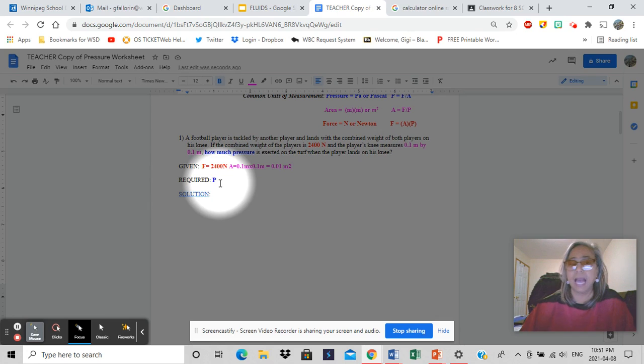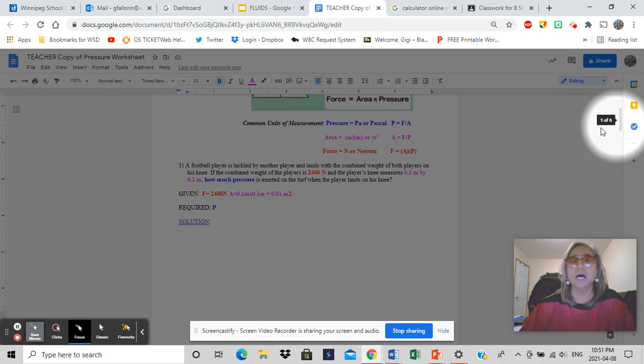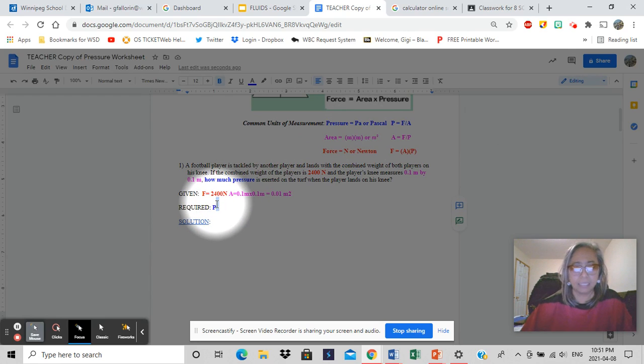So P is being asked. And of course, P should have the unit on. What's the unit? You can scroll up and see. It must have the unit of Pascal. So P in Pascal, capital P, small a. That's how we write down the unit of pressure here.